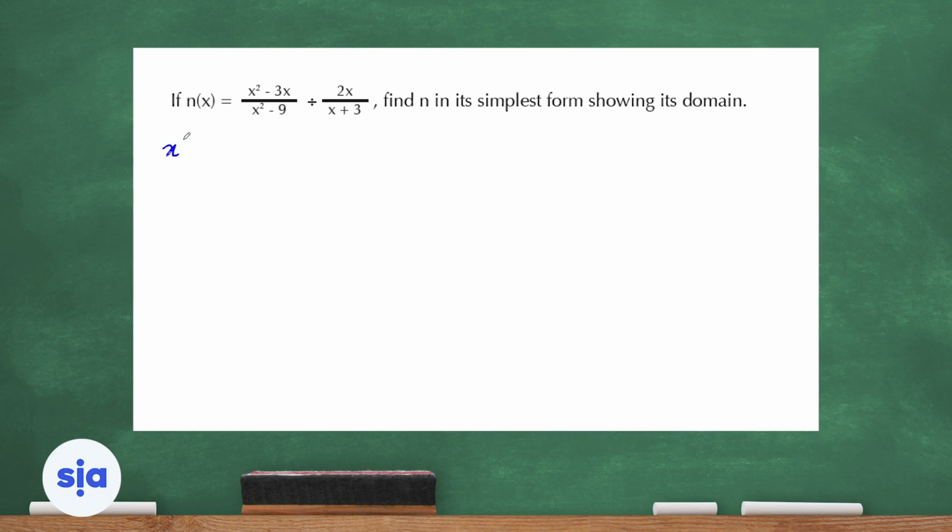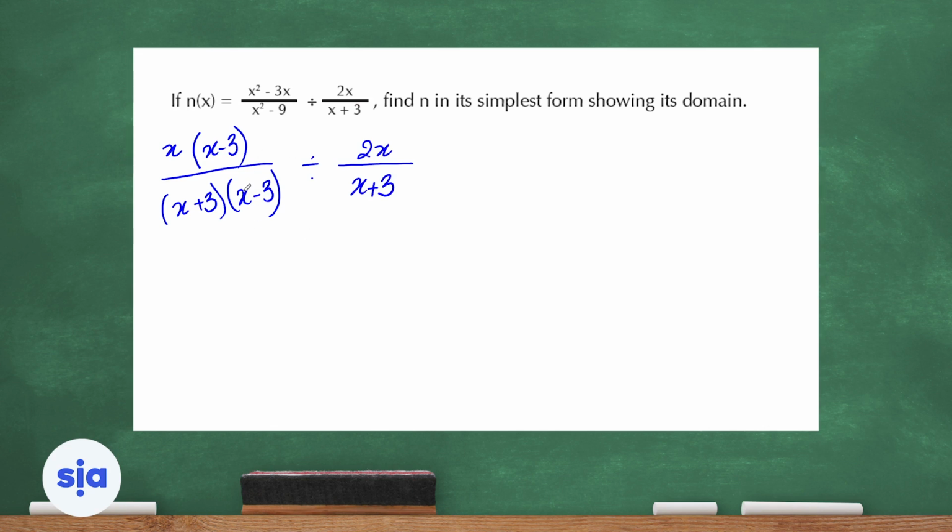So here we can take x as a common factor, x times (x minus 3), over the difference of two squares, (x plus 3)(x minus 3), divided by 2x, which cannot be factored more, and x plus 3, which cannot be factored more.